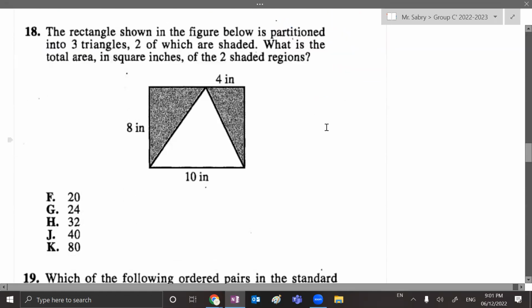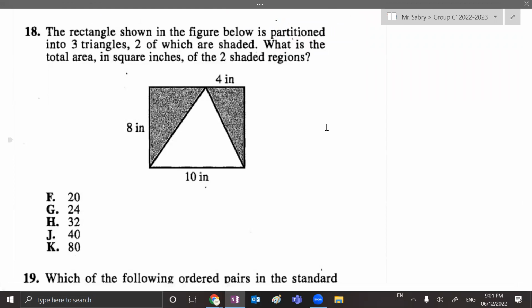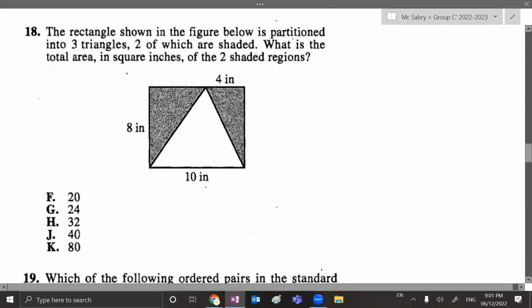If we move to 18, it says the rectangle shown in the figure below is partitioned into 3 triangles, 2 of which are shaded. What's the total area of the 2 shaded regions? So there are 2 ways to do this. There is a way where we can calculate the area of this and the area of that and then add both shaded regions together.